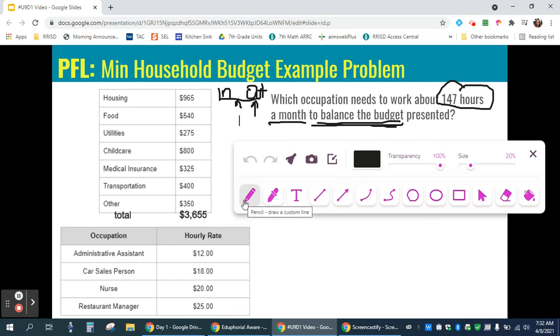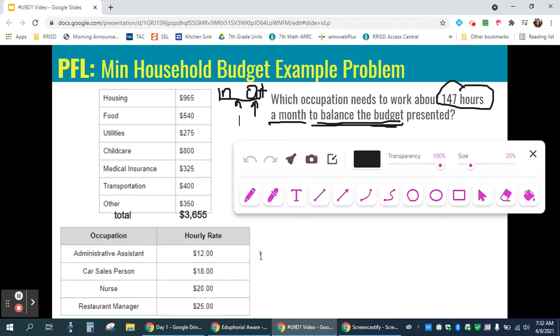So I'm going to see here, it says 147 hours a month. For an administrative assistant, if they got paid $12 an hour, and I multiplied that by 147, does that give me the $3,655? And same with the $18 an hour, $20 an hour.